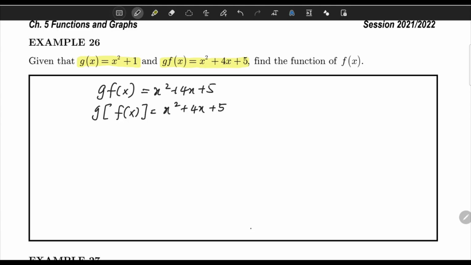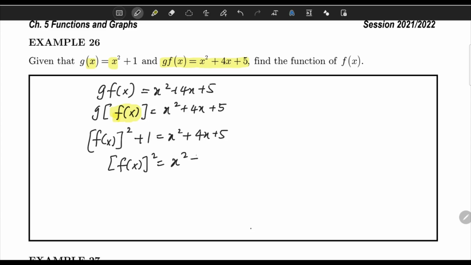So now, instead of x here, we're going to substitute f of x. So we get f of x bracket squared plus 1 equal to x squared plus 4x plus 5. So bracket f of x squared equal to x squared plus 4x plus 4. So 5 minus 1, you get 4 there.